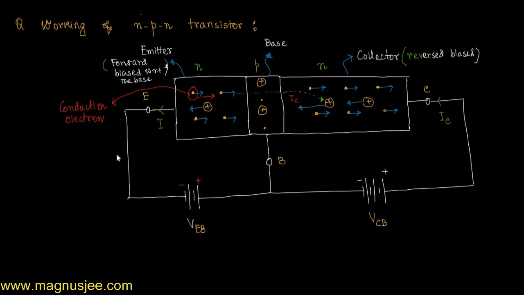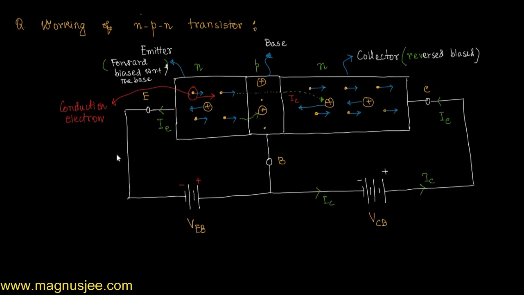Collector current IC will flow from the positive terminal of the battery VCB towards the collector. That's why collector current IC flows into the N-type collector in the NPN transistor.